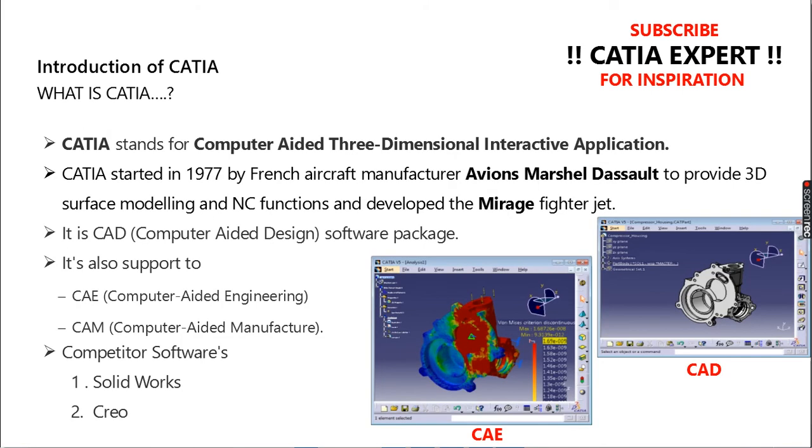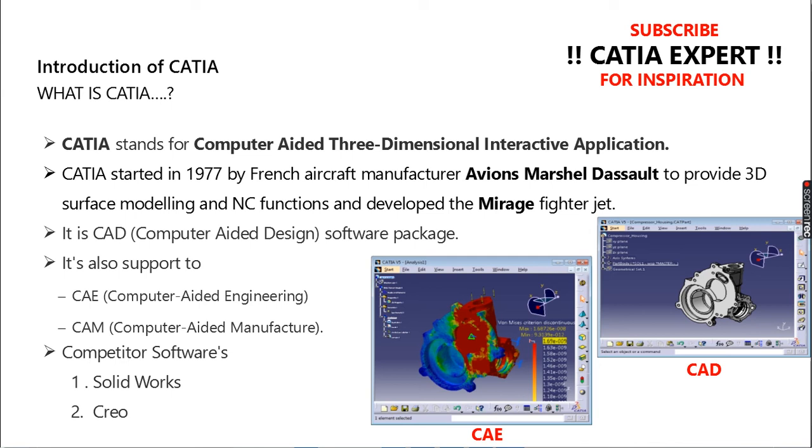So basically, what is CATIA? The long form of CATIA is Computer Aided Three-dimensional Interactive Application. It started in 1977 by the French aircraft manufacturer Avions Marcel Dassault, and they also provided 3D surface modeling and NC functions.